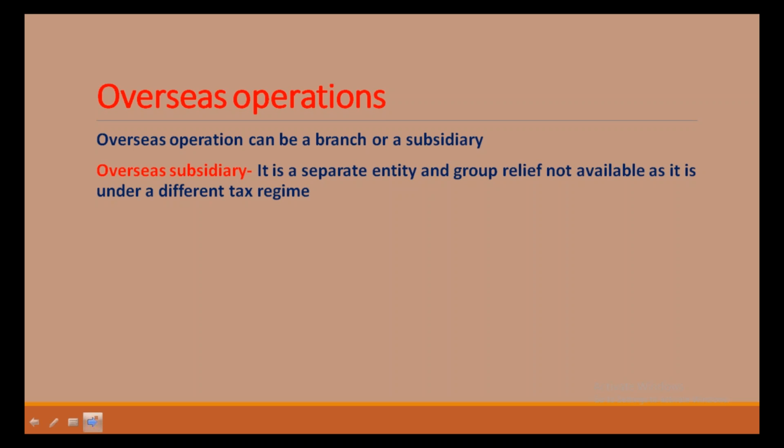So if you have a subsidiary in the USA, it's a separate entity and it will be subject to USA tax laws. If it's a UK company having a USA branch, then since it's not a separate entity, it will be taxed only in the UK because it's a part of the UK's operation, but it's a branch in another country.